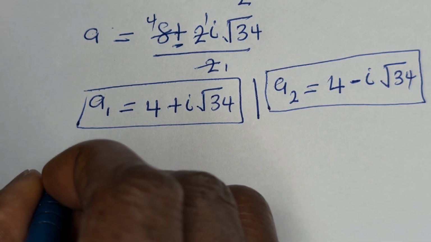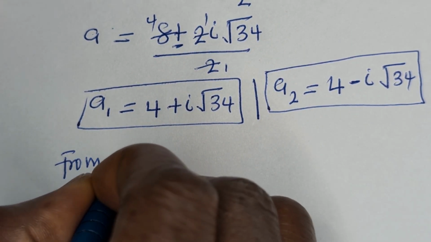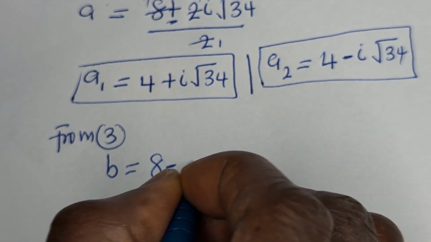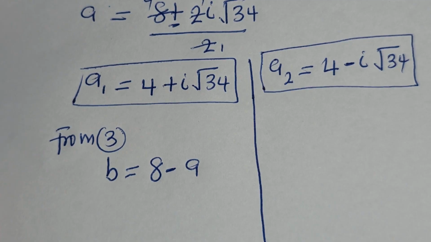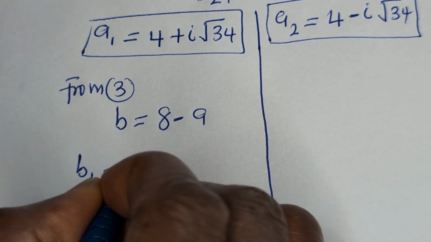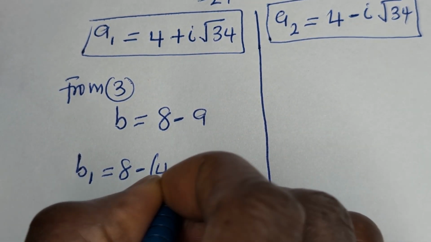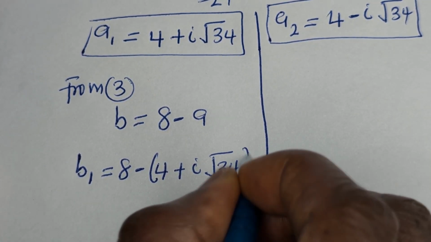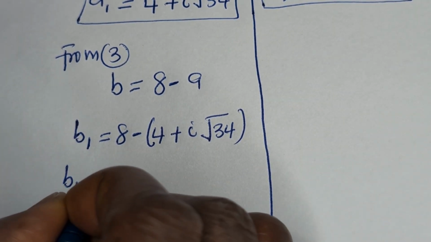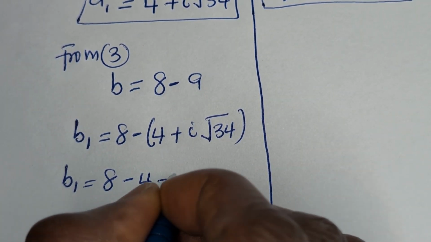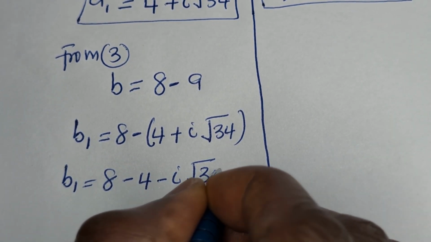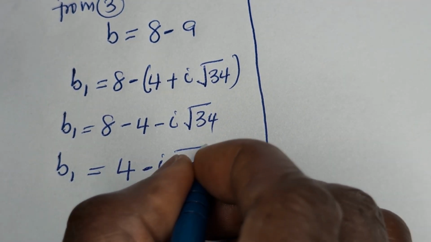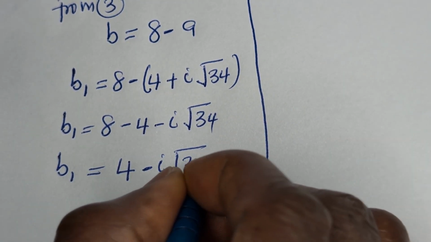To solve for b1 and b2, from equation 3, b is equal to 8 minus a. b1 is equal to 8 minus a1, is 4 plus i square root of 34. b1 is equal to 8 minus 4 minus i square root of 34. b1 is equal to 4 minus i square root of 34.